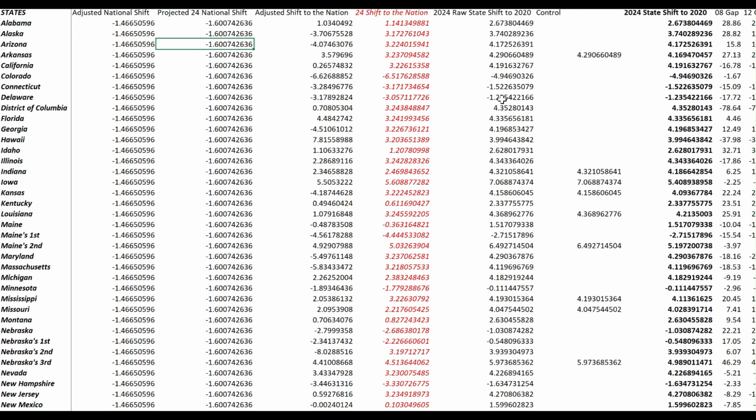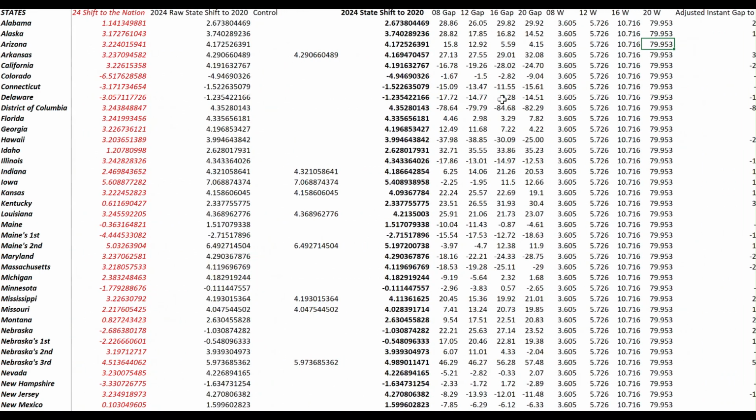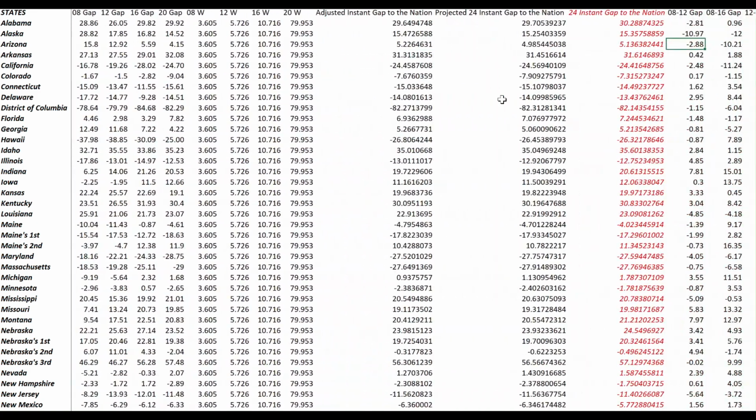The third and final tool that we're going to use to make a prediction is actually a gap to the nation. By gap to the nation, we mean the shift in the shift to the nation. Let's take, for example, a certain state that voted in 2016 1 point to the right of the nation, and in 2020 2 points to the right of the nation.